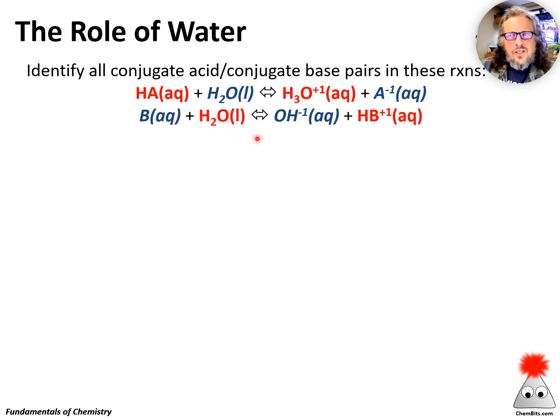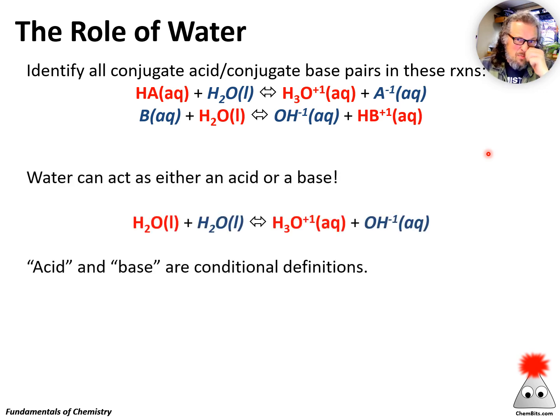Well, it turns out that water is whatever it needs to be in the reaction it's participating in. Water can act as either an acid or a base. And in fact, water can react with itself, and water does react with itself as both an acid and a base to form H3O+ and OH- in aqueous solution.